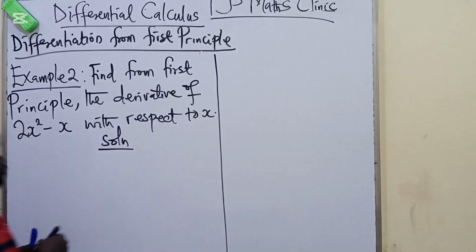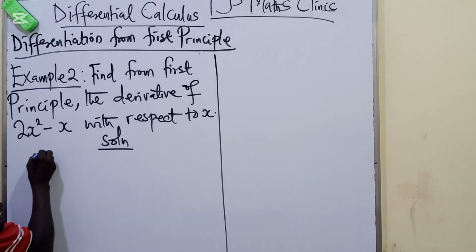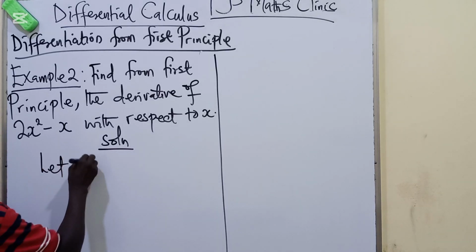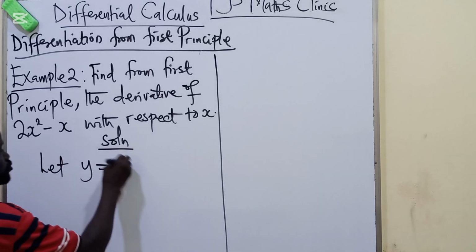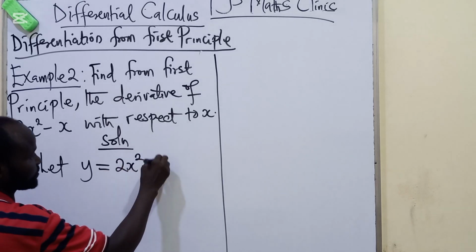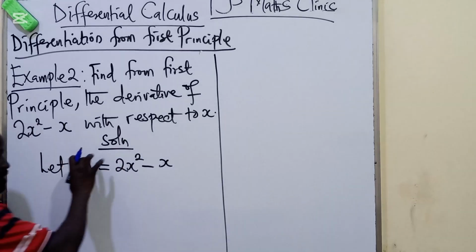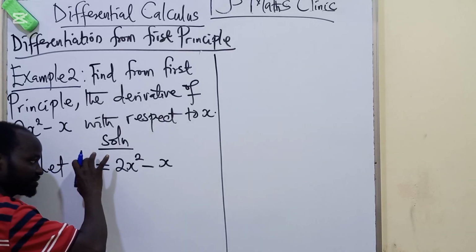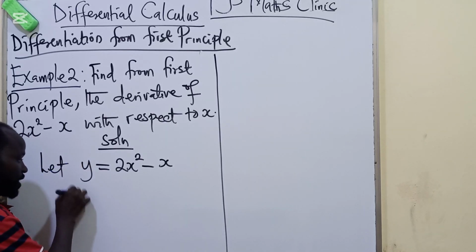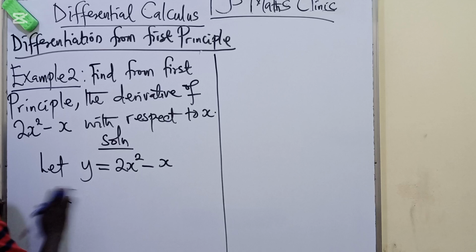The first thing for us to do, let's define this expression to be y. Let y be equal to 2x squared minus x. Then let's find the increase in y.